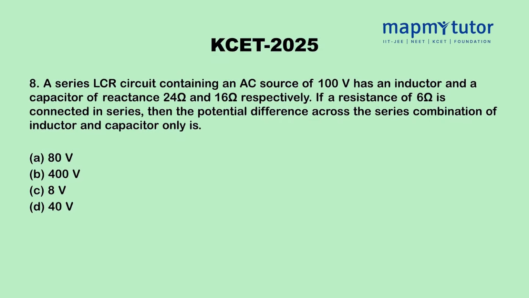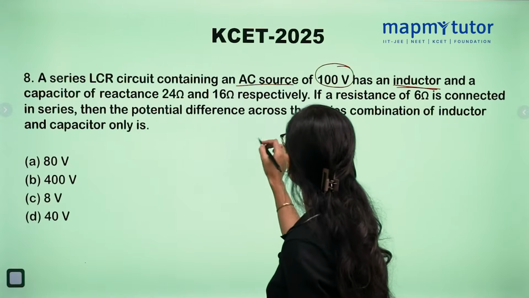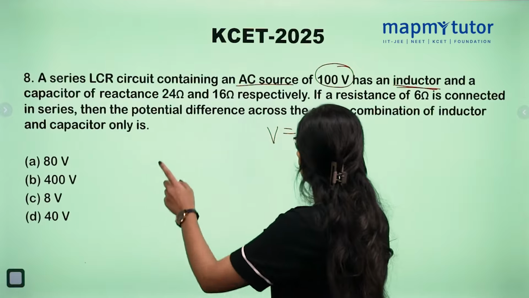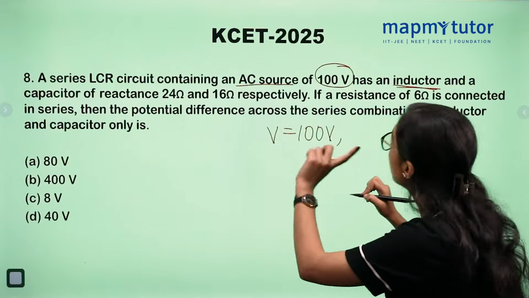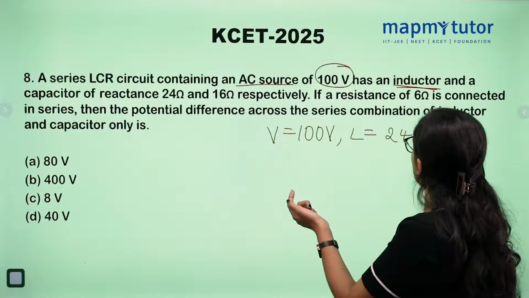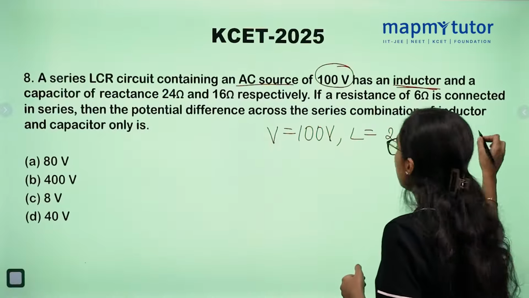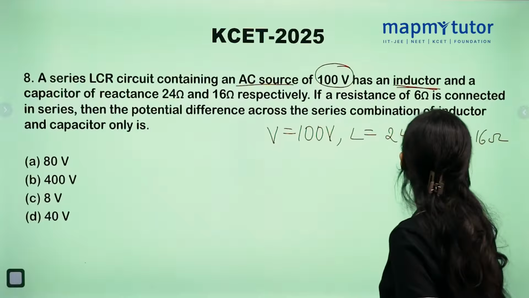A series LCR circuit containing AC source 100 volts has an inductor and a capacitor reactance. Okay, so they have given you voltage 100 volts. They have given you inductor reactance, that is 24 ohm. And then they have given you capacitor reactance also, that is 16 ohm.